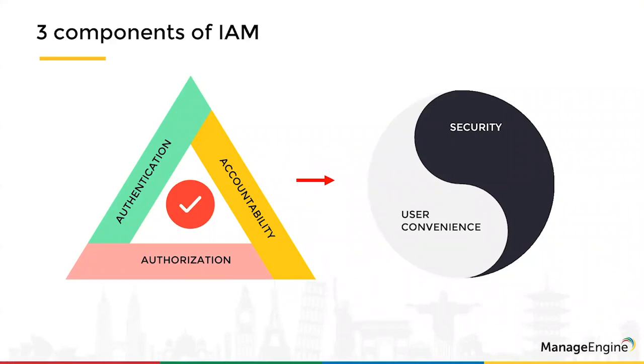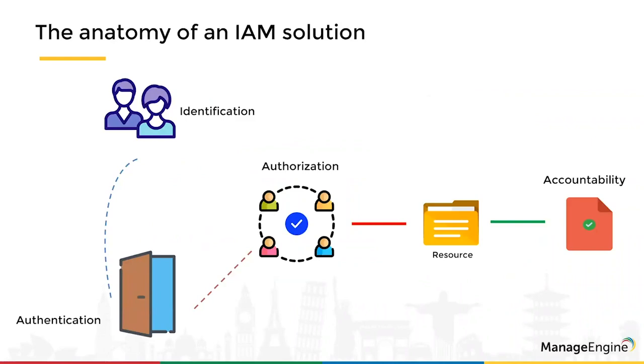This is where I'm going to start: the anatomy of an IAM solution. When a user is onboarded, he or she gets identified. When they walk into the organization, they authenticate themselves. Once they authenticate themselves, they can access resources based on the authorization, based on the permissions, based on the privileges one gets when he or she is onboarded.